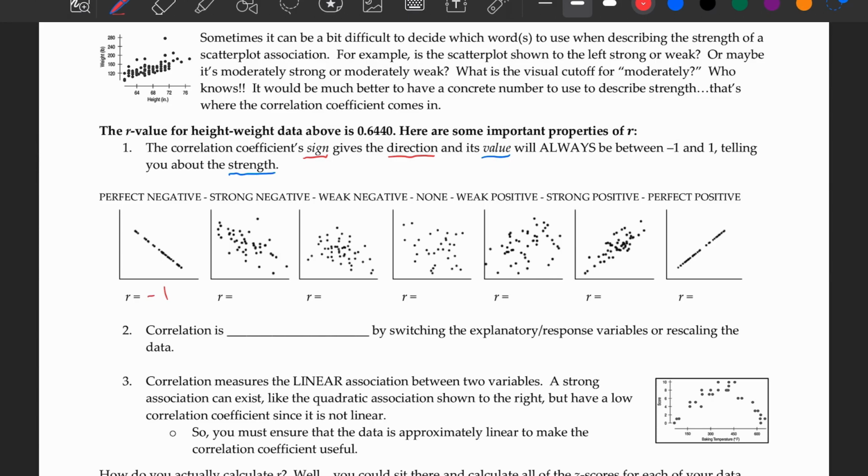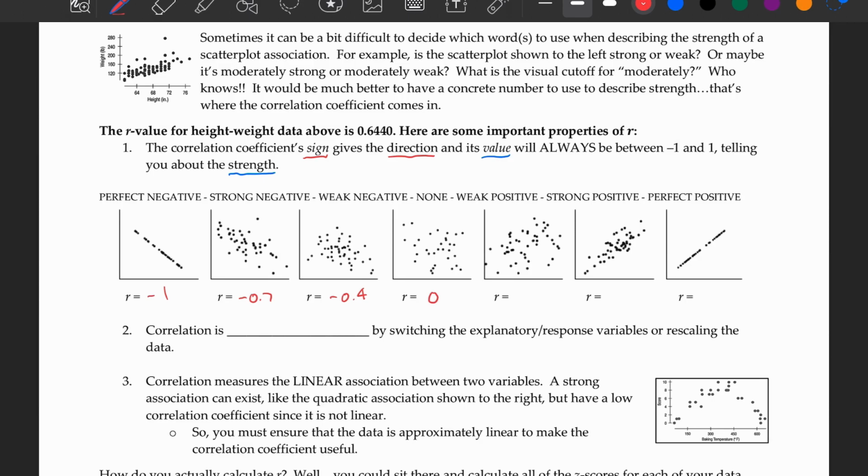But as it gets a bit weaker, so it's not perfectly strong, it's still kind of strong, you start dipping down closer to maybe -0.5. As you dip even lower than that, you're dealing with a weak association, relatively close to 0. That middle one there, R is 0. Things that have no association have an R value of 0.